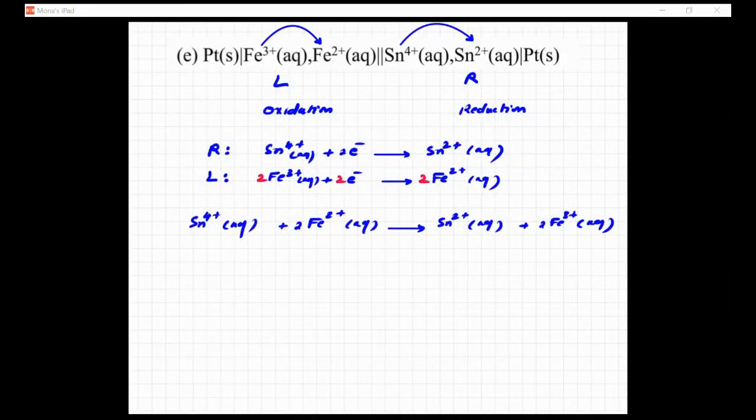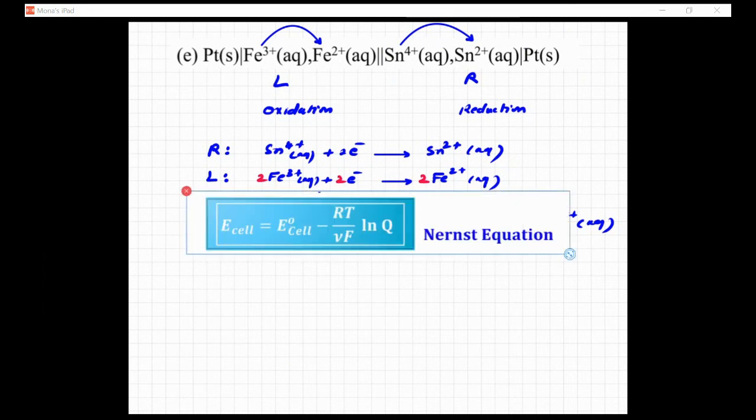We have written the overall reaction previously, so I copied it, and now it is here for us. Now I need actually to write the Nernst equation. To remind you, last time we used it, so we need also to use it now. So this is the Nernst equation.